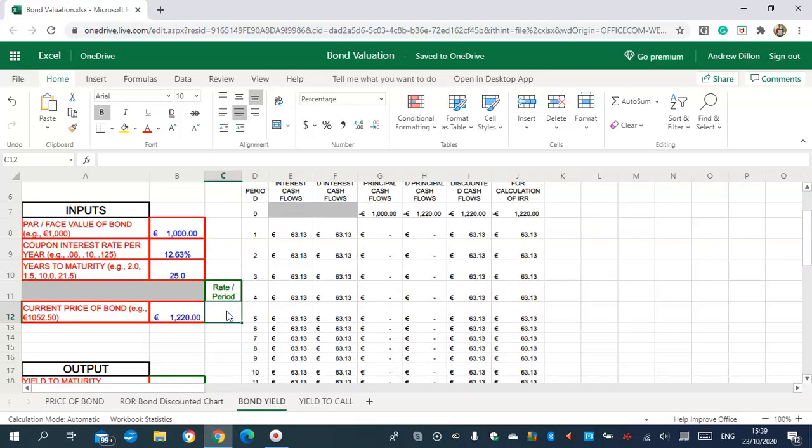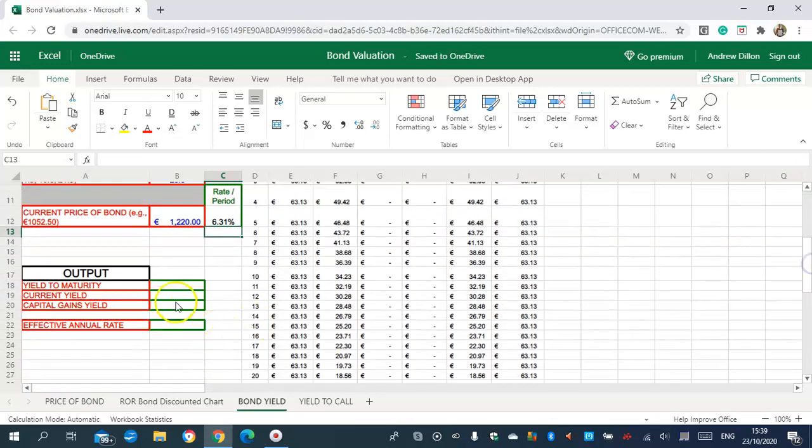That's what's missing. So basically it's the compound interest rate per year, multiplied by 2 times, which gets 6.31%. And now into the output.